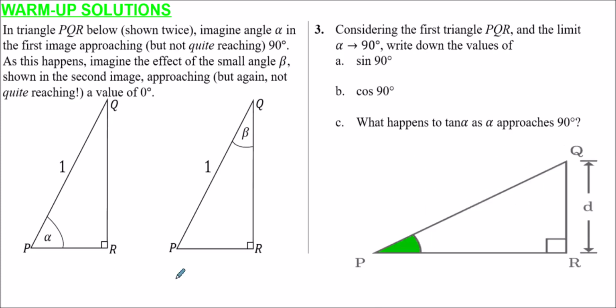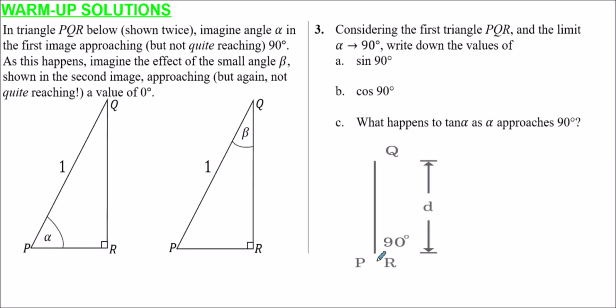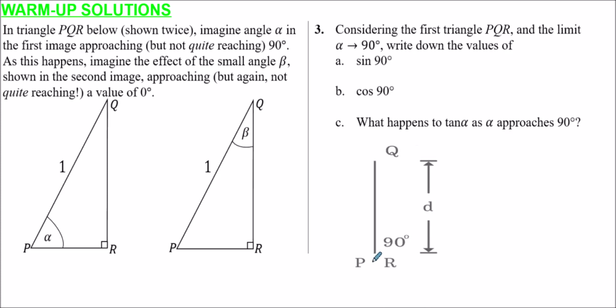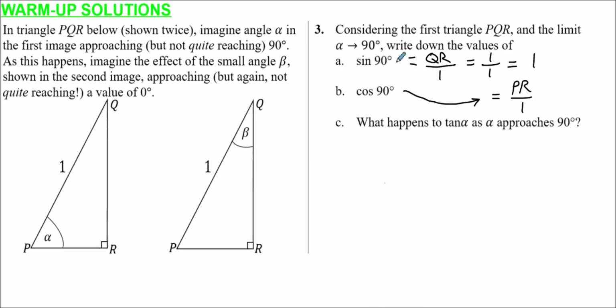And so in the limit of alpha becoming 90, PR becomes 0. It vanishes to 0 as the angle becomes 90. So PR becomes 0, hypotenuse is fixed at 1, by how I created the diagram. 0 divided by 1 is 0. And so sine 90 is 1, cos 90 is 0.